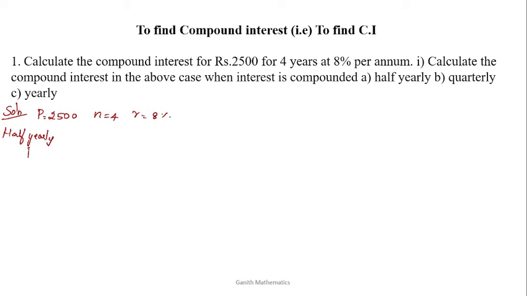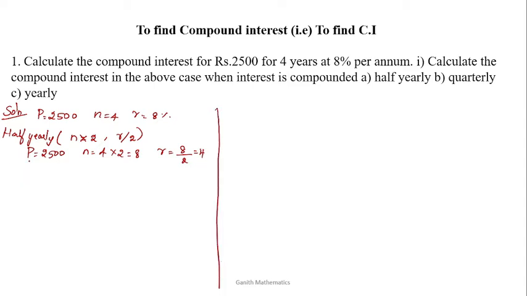So P will remain the same, 2500, and N would be 4 into 2 because it is half yearly. You have to multiply N by 2 and divide R by 2. That is a small hint I am giving. So R is equal to 8 by 2, that will be 4.